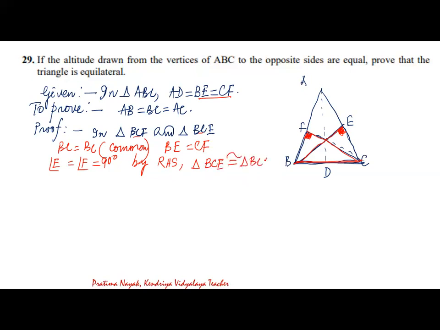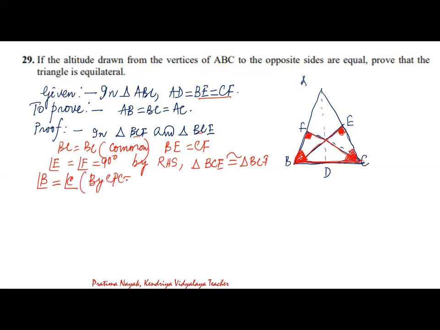So when this is congruent, I can write by CPCT, angle B is equal to angle C. So angle B is equal to angle C by CPCT.